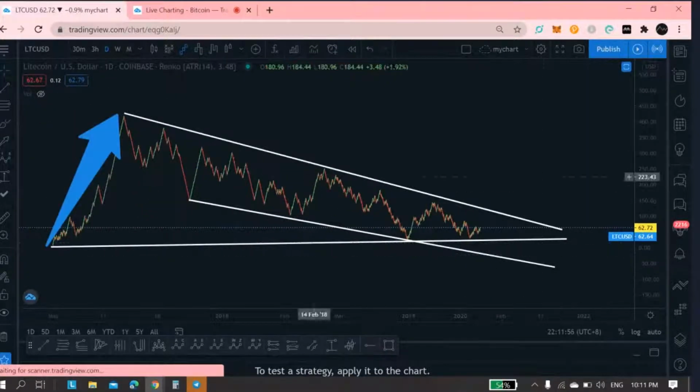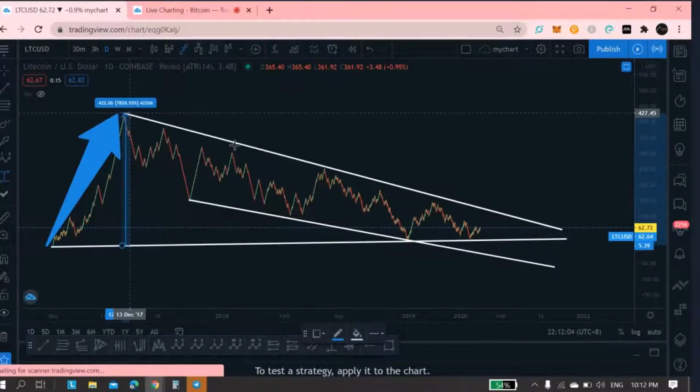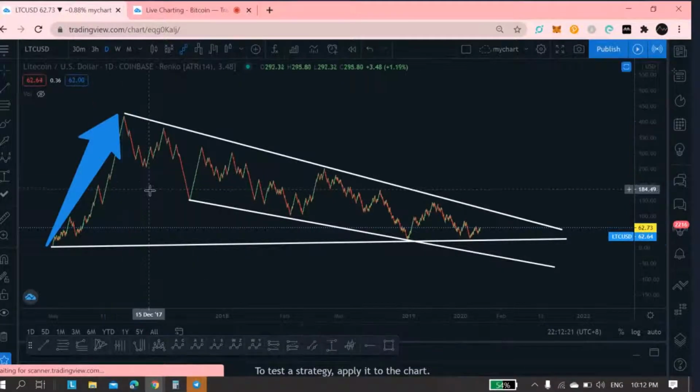Well, since this is a triangle, let me just check the possible long-term target if it breaks this area. However, it's not yet near the apex, so let's just wait for it to break this area. For now, we will not measure it at the moment.